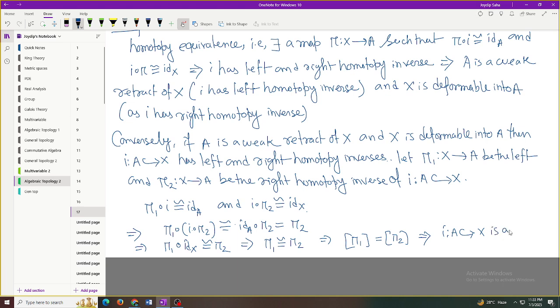The inclusion is a homotopy equivalence because it has a two-sided inverse, and they are the same.